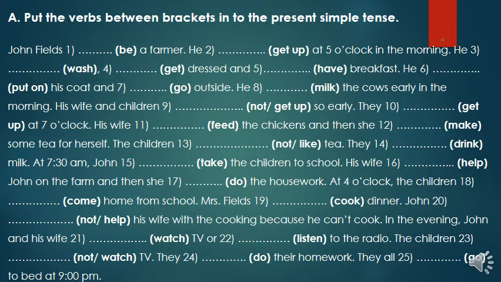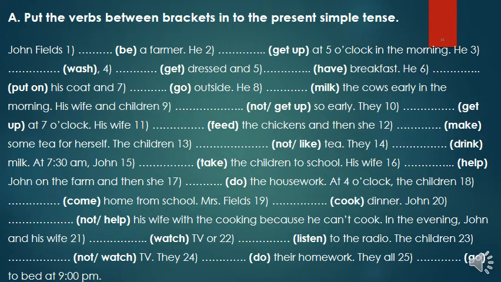So the correct answer is: John Fields is a farmer. He at 5 o'clock in the morning. The verb here is get up, and he is a singular pronoun. So he gets up at 5 o'clock in the morning.